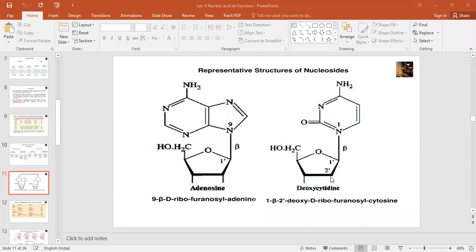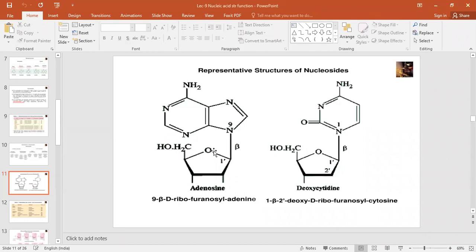And deoxycytidine means at the 2' of this ribose sugar there is a deprivation of the oxygen group. So at the 2', you are not able to see the line which is drawn over here. There is no OH group, right? So this is deoxycytidine.